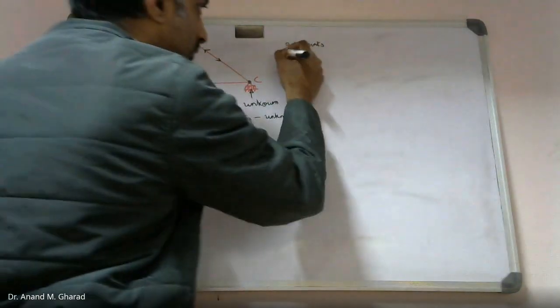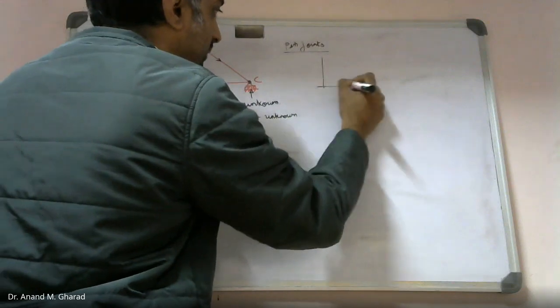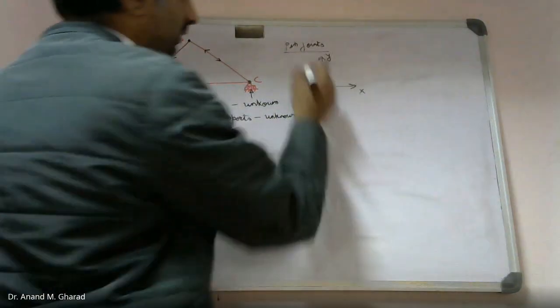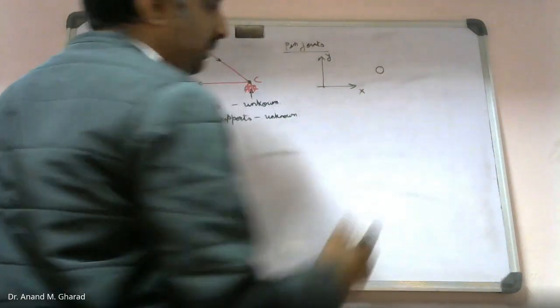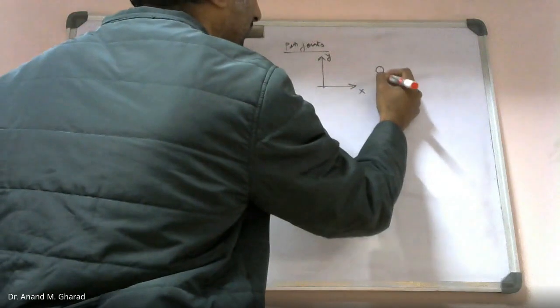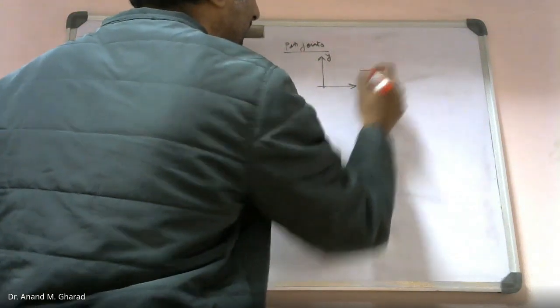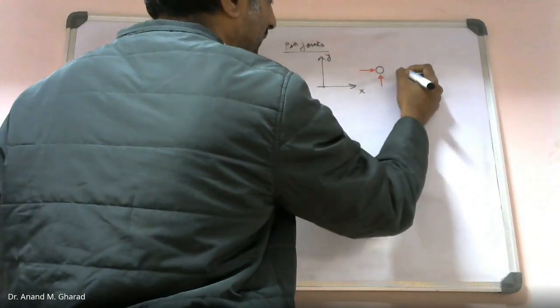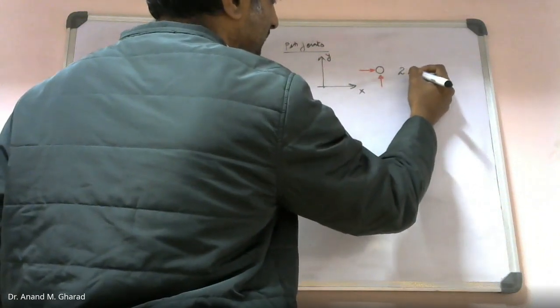So you know, for the two-dimension case, that is 2D, in a pin, how many reactions do you observe? One vertical, another horizontal. So we know for a pin support there are two reactions.